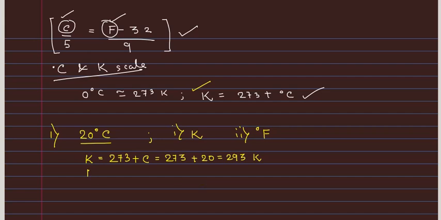And for Fahrenheit, we will use the formula (F minus 32) by 9 is equal to C by 5. If I now try to make F the subject step by step, we get this, and then finally F becomes 9 into C by 5 plus 32.